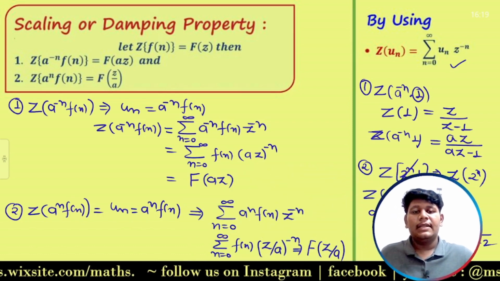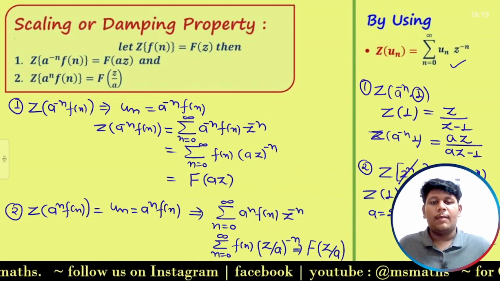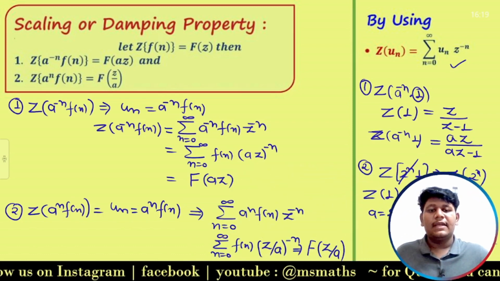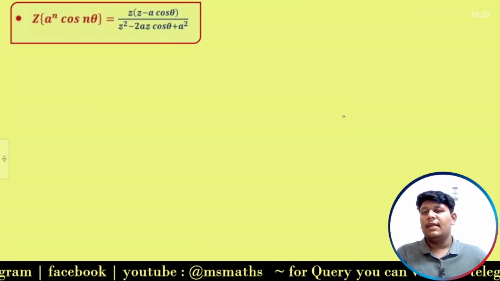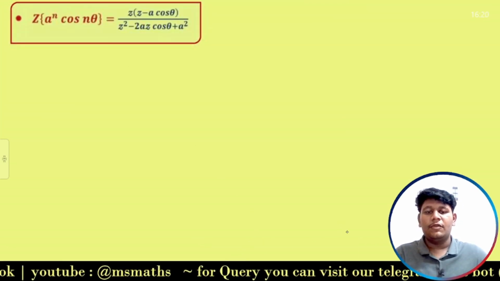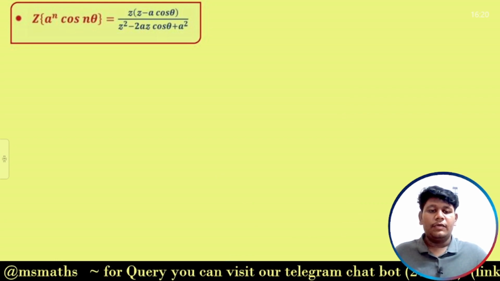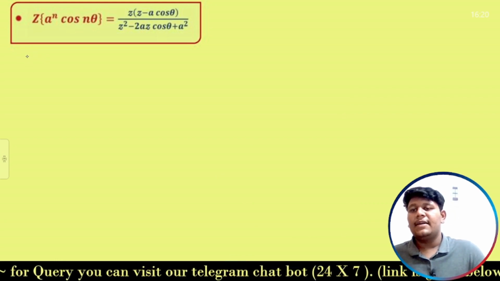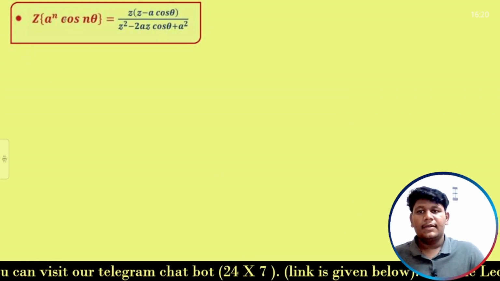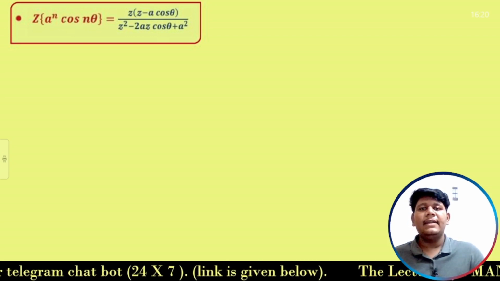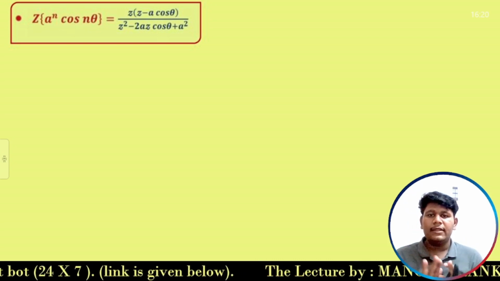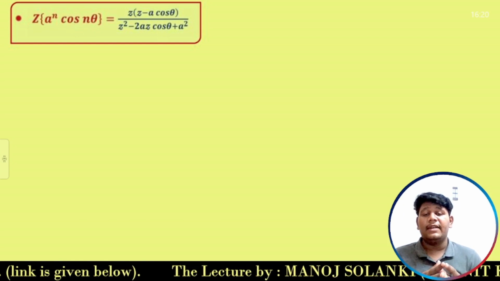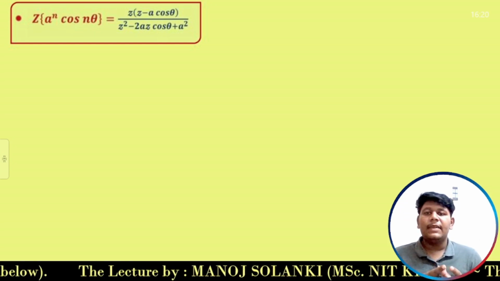Now come to the next question and next problem. By using this, we can find some standard formulas. We want to calculate the z transformation of a power n cos of n theta. We know the transform of cos of n theta, but a power n is in multiplication.